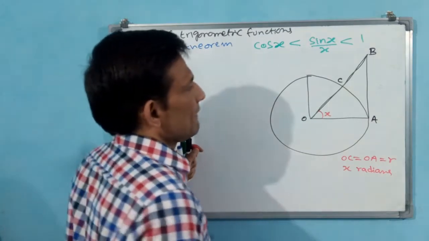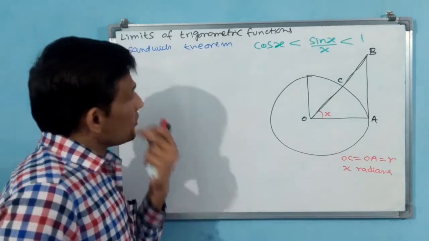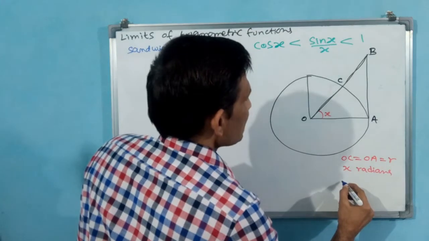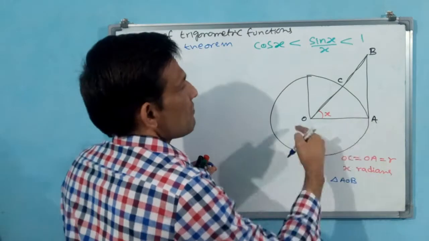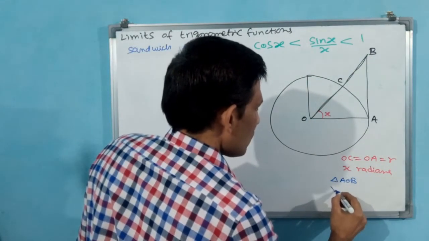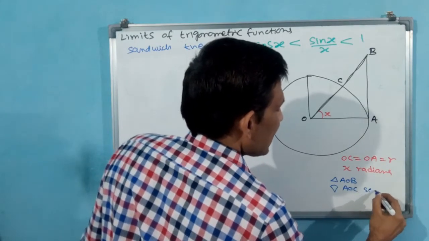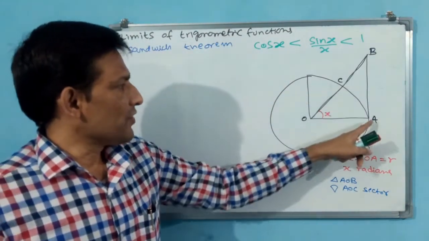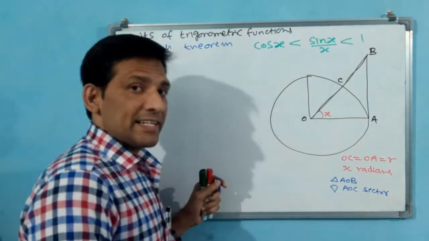Here I want to take another triangle. AOB is a triangle, and AOC is a sector. But I want to take inside the sector another triangle.